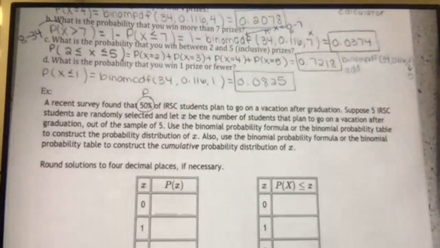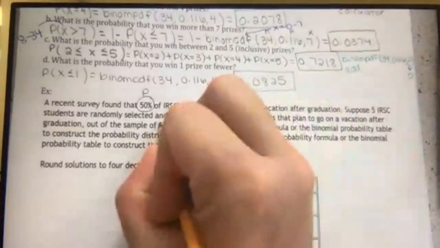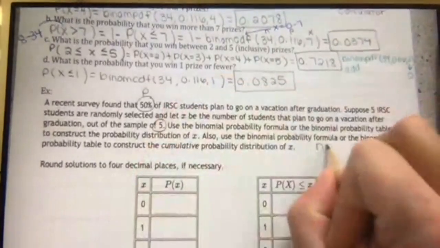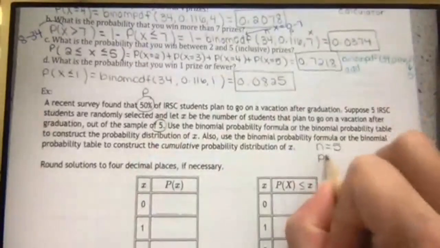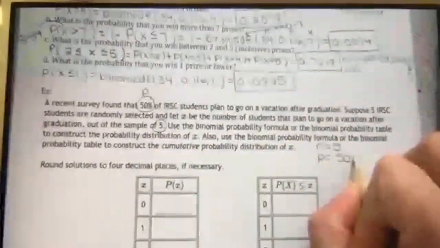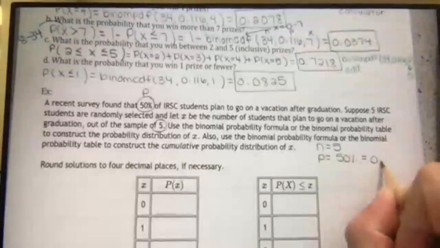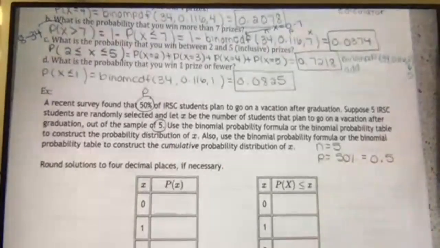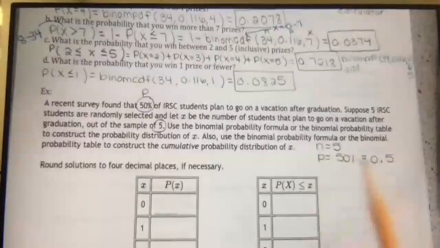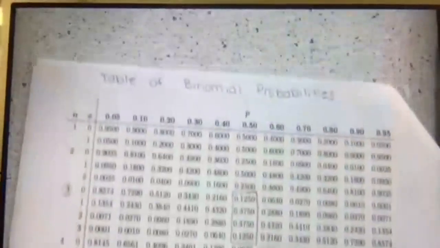All right, our N value, we're talking about a sample of 5, so N is 5. Our probability, they told us, was 50%, which is 0.50 or 0.5. Because N is 5 and P is 0.5, that's on my table, so I'm able to use my table or the calculator this time.